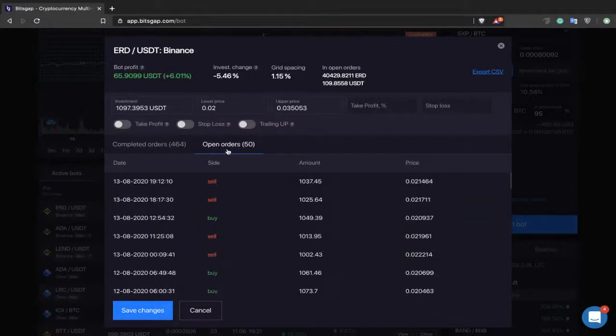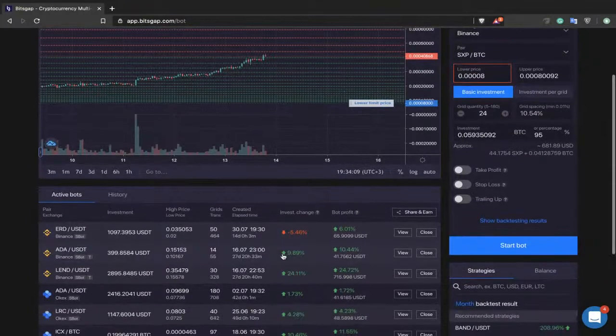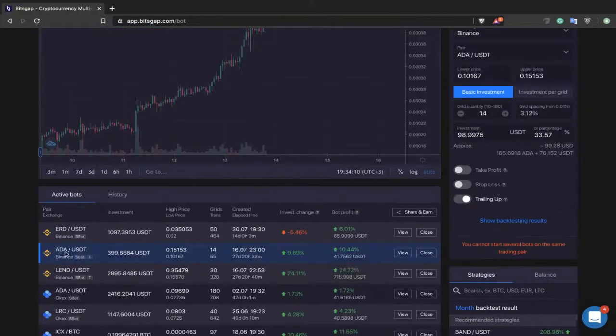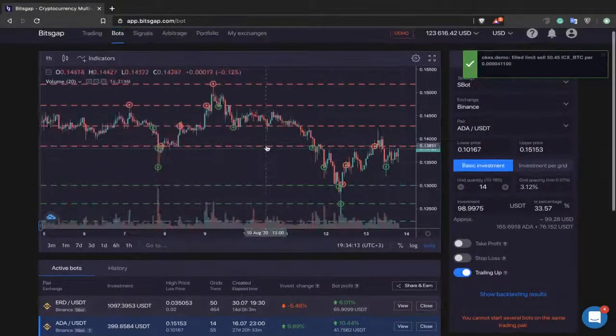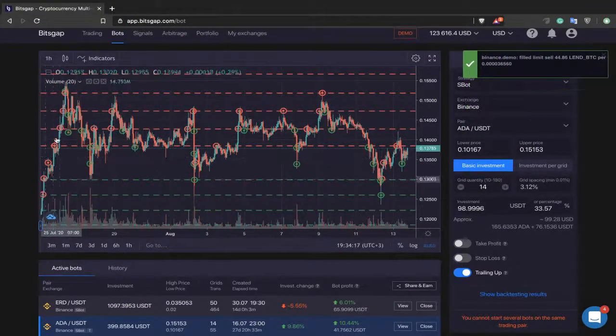You can also click on open orders to see at which price and what amount of the base currency the bot will buy. And you can see all of these orders on the chart. Let's click on, let's say, Cardano trading to USDT, the one that I have right now. So you see all of the trades that it managed to execute.